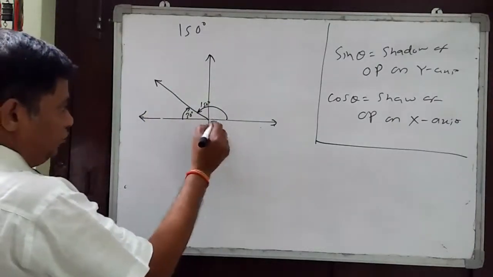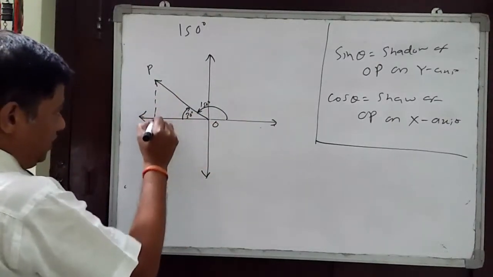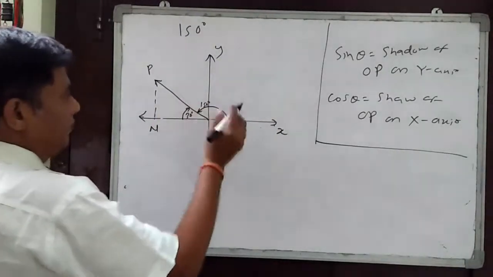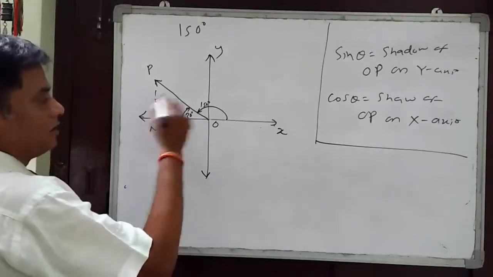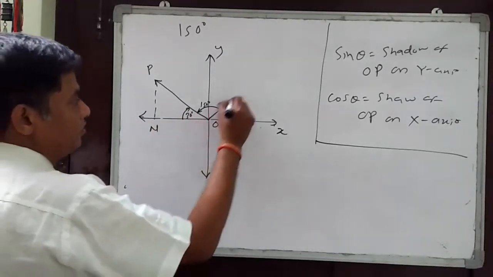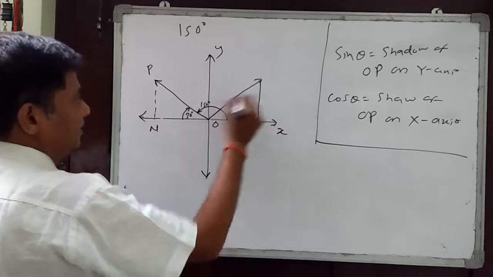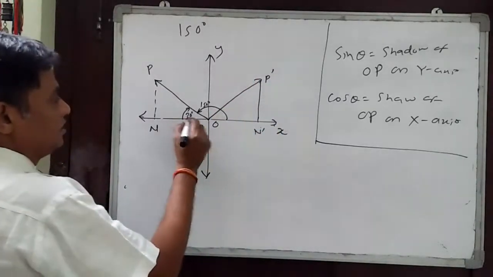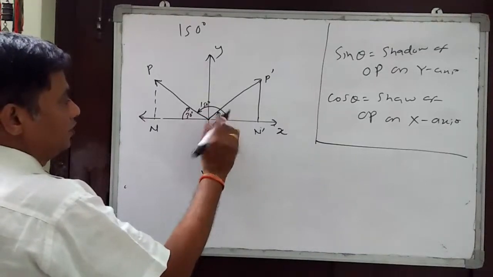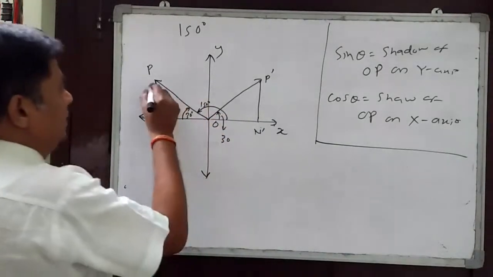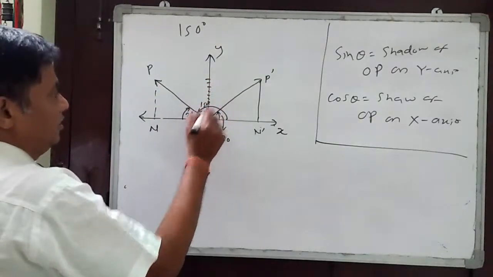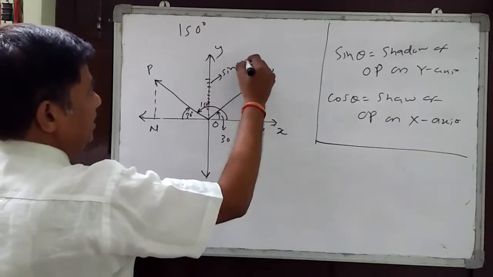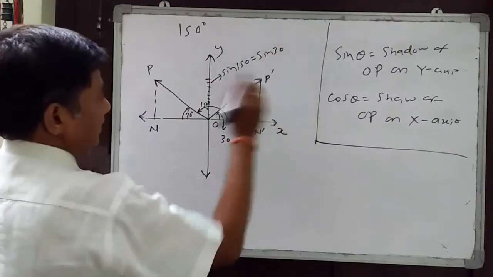So again, this is O point, this is P point. Its projection on x-axis will be N. We will draw a right angle triangle. We will draw its another congruent triangle in the first quadrant. Let us name this point as P dash. Let us name this point as N dash. This is 30 degree. Therefore, this angle is also 30 degree. Its shadow on y-axis will be this, and it is the sin 150 as well as it is sin 30.